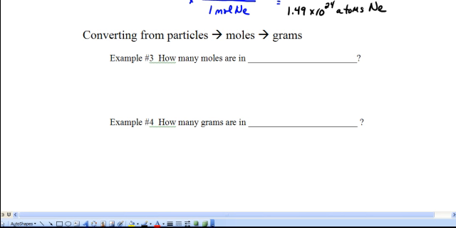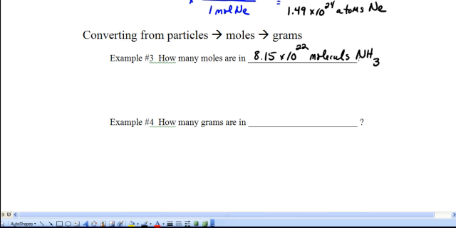So in example number 3 here, it says how many moles are in, and let's just say we're going to go with 8.15 times 10 to the 22nd molecules of ammonia, which is NH3. Okay, so the first question is how many moles are in that amount of molecules?